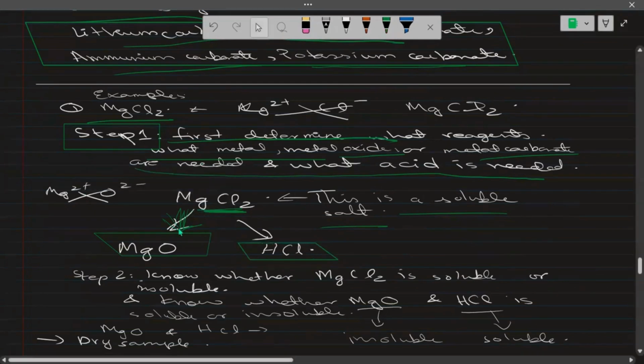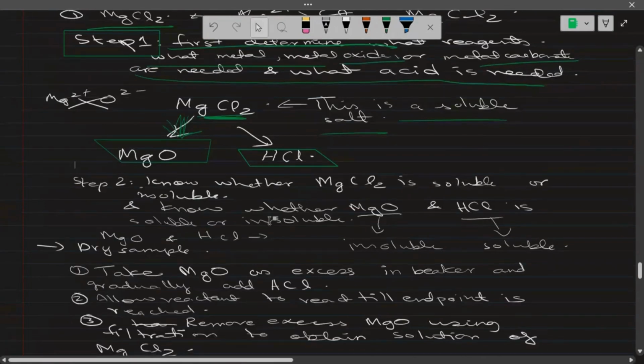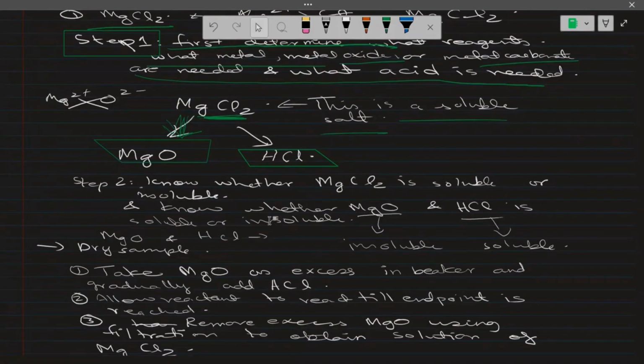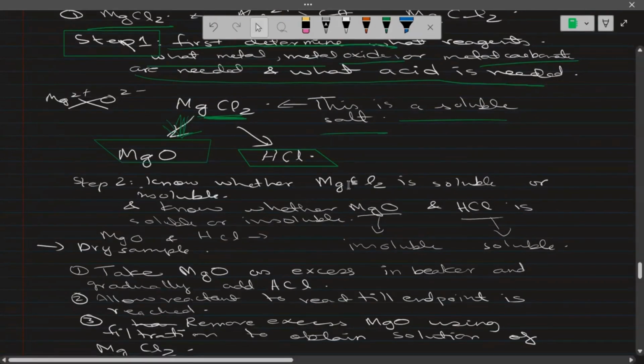So we find out which reagents we will need. Now step two: know whether MgCl2 is soluble or insoluble. We found out that it's soluble. And know whether MgO and HCl are soluble or insoluble.